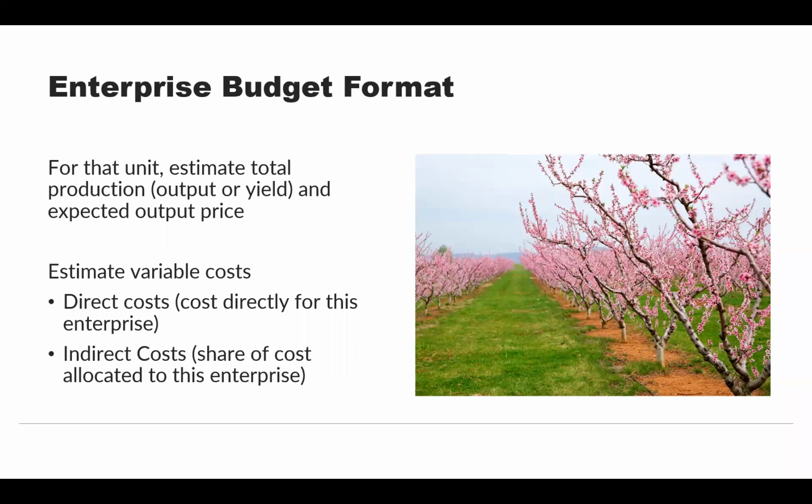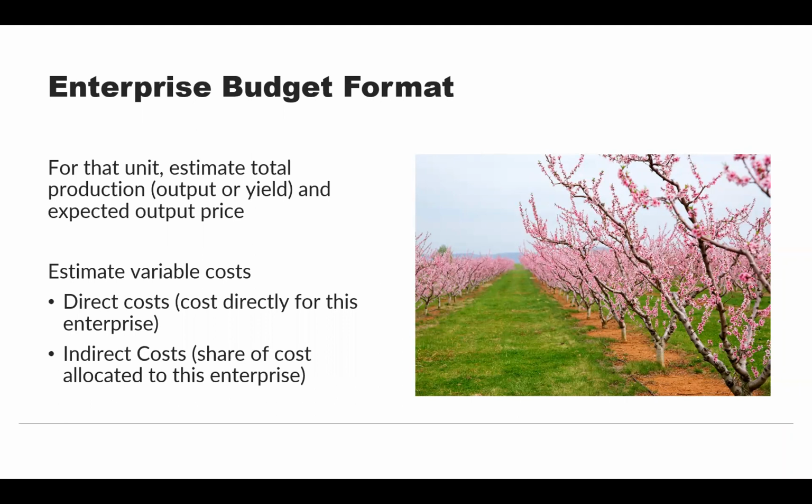So if you've got 10 acres in production and this enterprise is 20% of your acres, I don't know if it's really 20% I use on that, but I'm just going to say it's 20%. That's good enough because it doesn't make much of a difference.